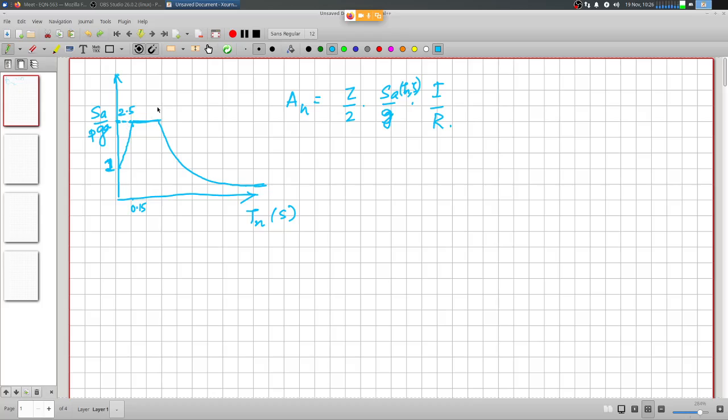This design spectrum is of course specified for only 5% damping. There are scaling factors which have been provided.